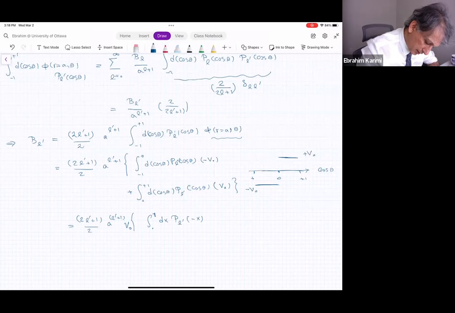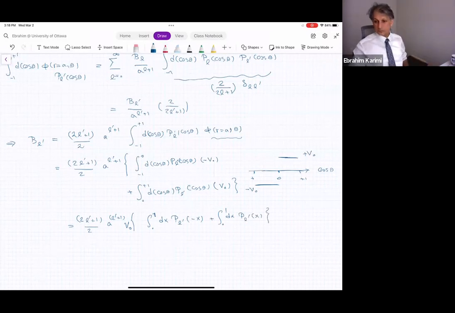Okay, and the other term will be the integral from 0 to 1 of dx P_L'(x). So instead of cosine theta, I place x, which doesn't change because I already changed the argument. There is a d cosine theta.